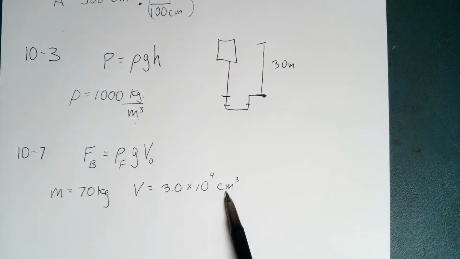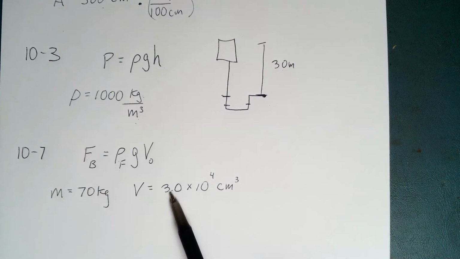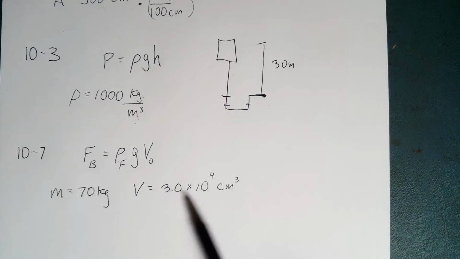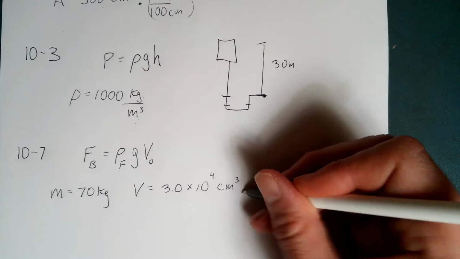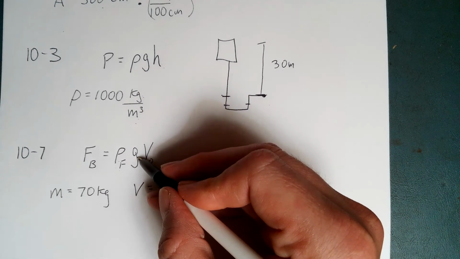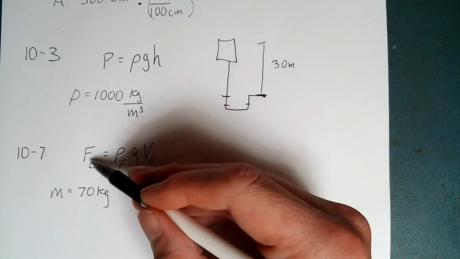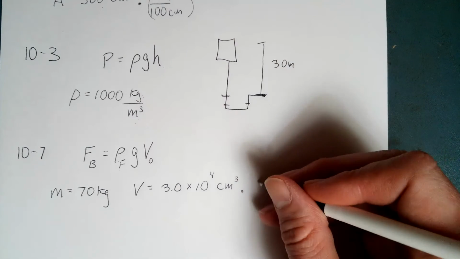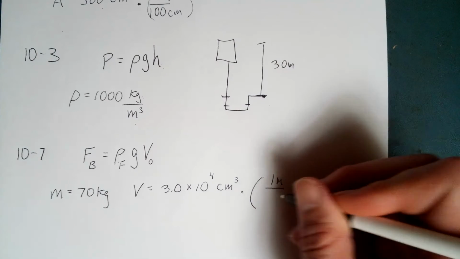So a lot of times it will be given in centimeters cubed, just to have better numbers, but we still have to convert this, because g, if we use 9.8, is in meters, and if we want the answer in newtons, we have to convert this. So we'll do that first.